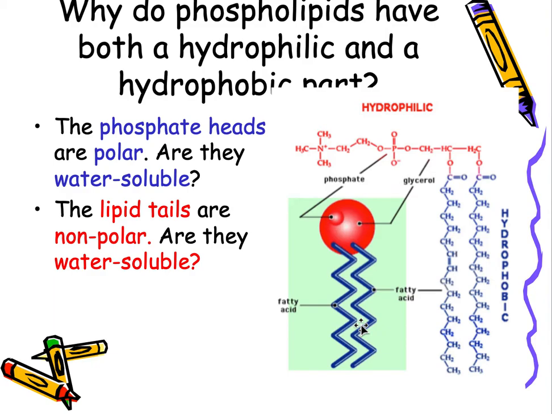The phospholipid heads are polar, they are water soluble, while the lipid tails are non-polar and water insoluble, so they don't like water. They stay away from water. The heads like water, they stay towards the water. This kind of structure helps the phospholipid to perform its function as a brick in the cell membrane wall.